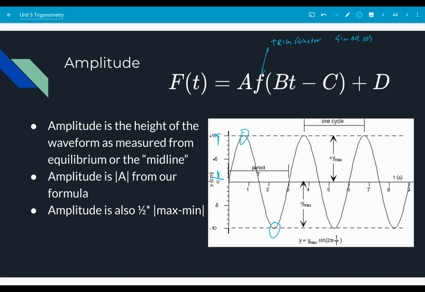So in this case, we're going to get 10 minus negative 10 times 1/2. So our amplitude is 10. And we could get that just from reading the graph in this case. But that is amplitude. It is the height of the waveform. For most things, amplitude is the signal strength.